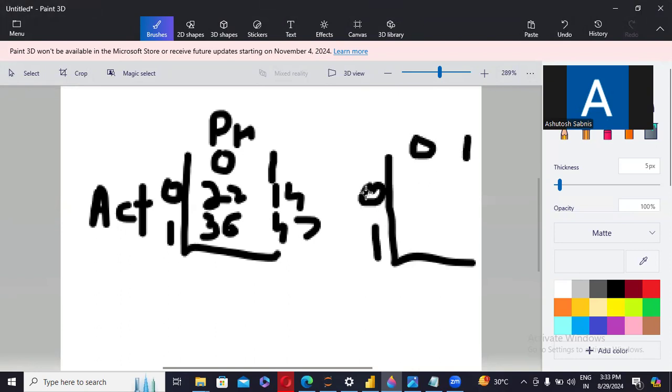In actual, the class is 0, and in predicted also we got class 0. It means true, right? So I will write down here true. In actual we got class 0, and in predicted we got class 1. So it is false, so I will write down here false.